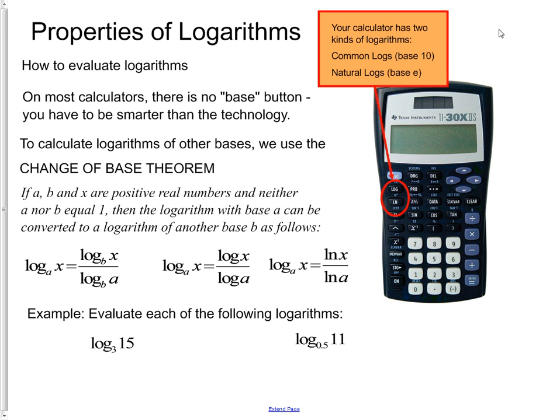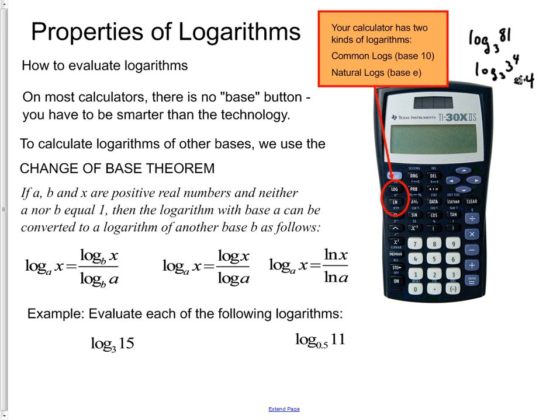For example, no problem evaluating a logarithm base 3 of 81 because we knew that 81 was the same thing as 3 to the fourth power. And so we could say this is really the same thing as taking a logarithm base 3 of 3 to the fourth power, and our result is going to be equal to 4.